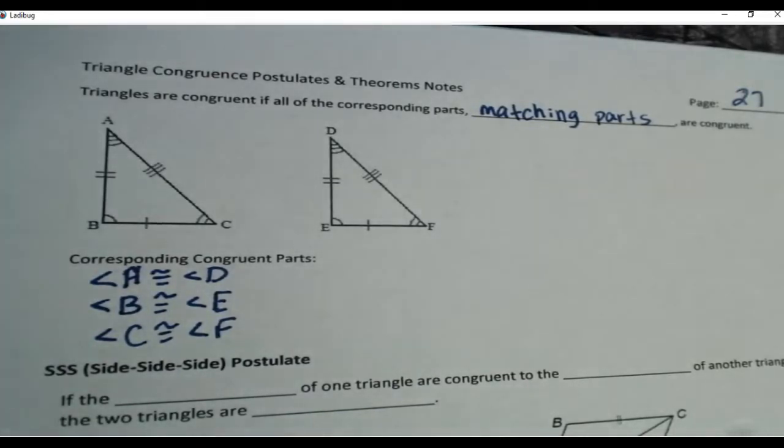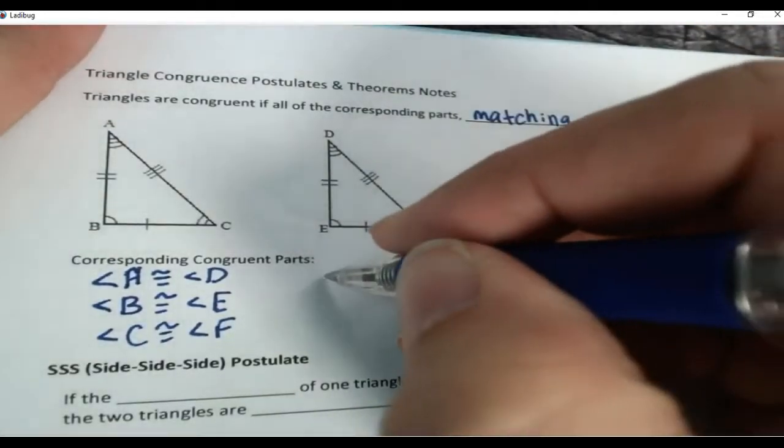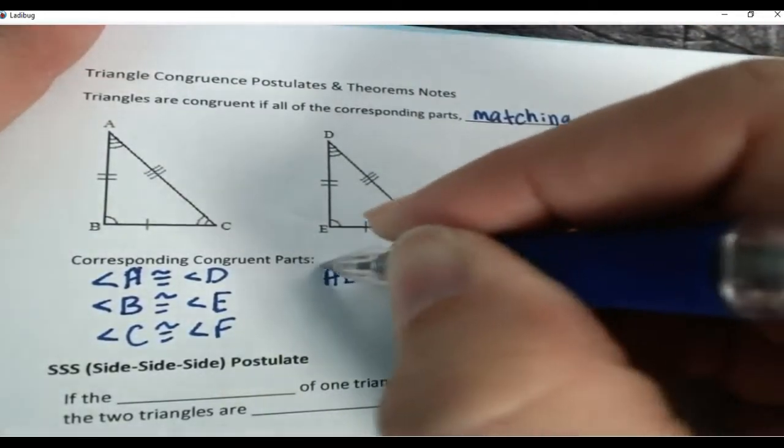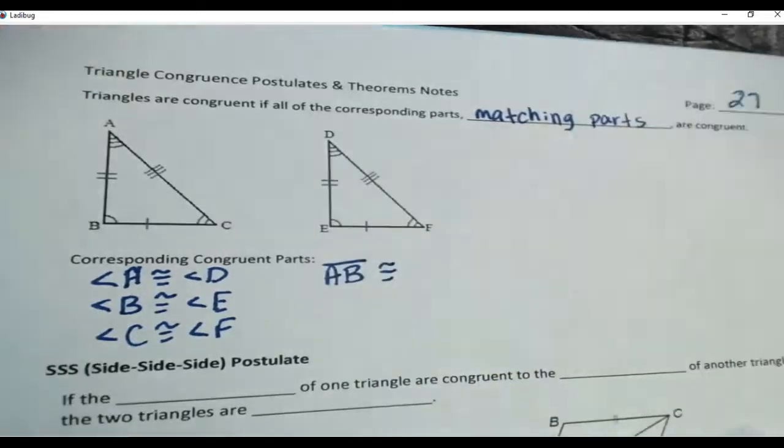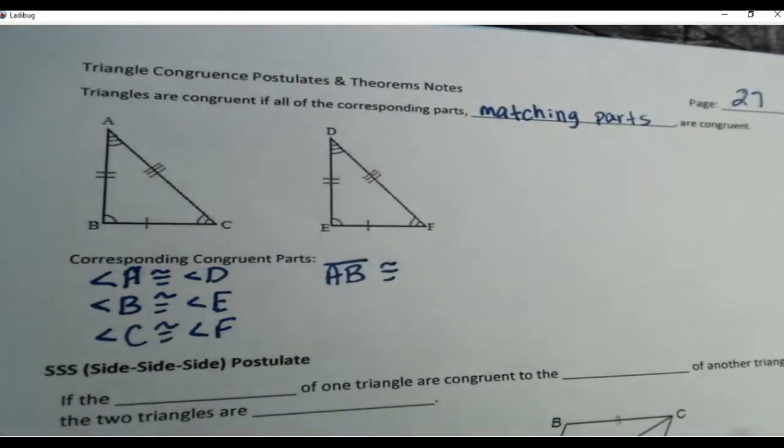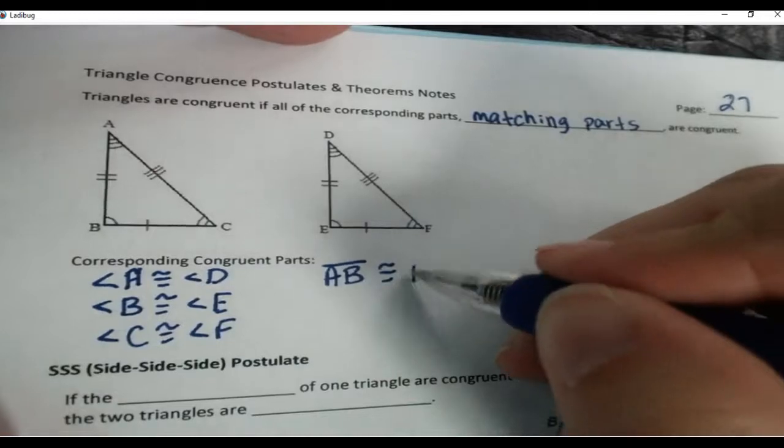Alright, let's do the same with the sides then. So let's say we had side AB. Which side does AB match? DE.